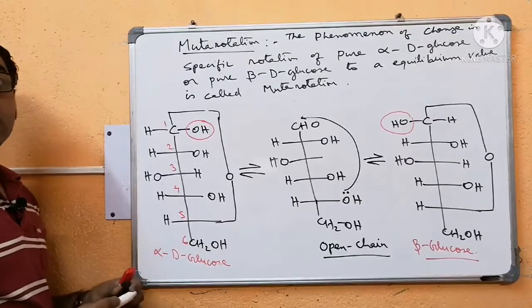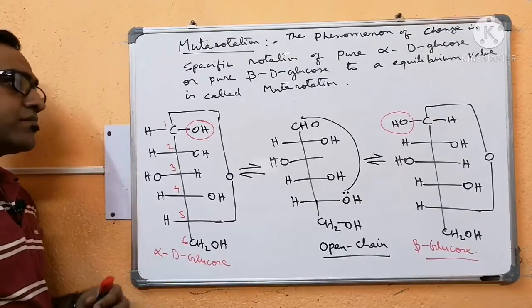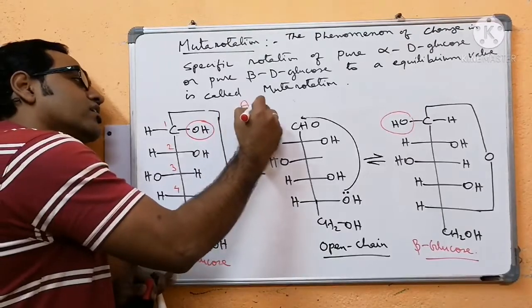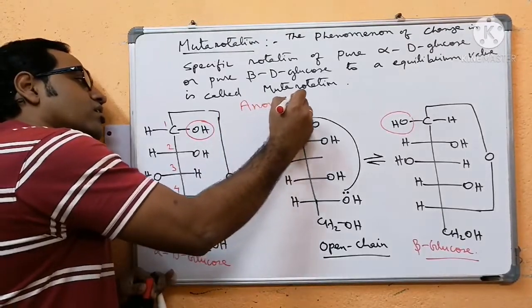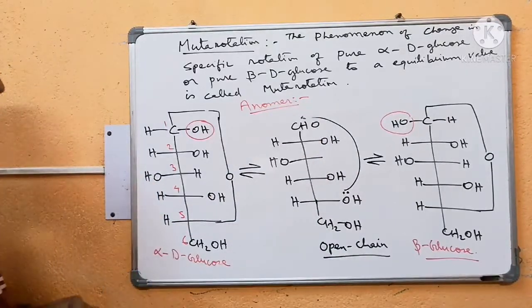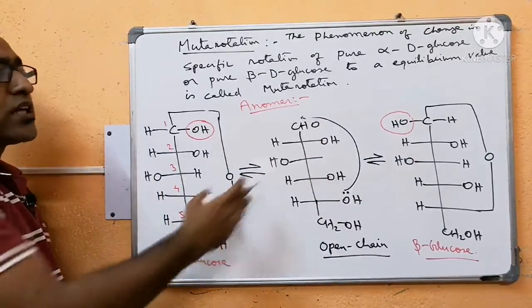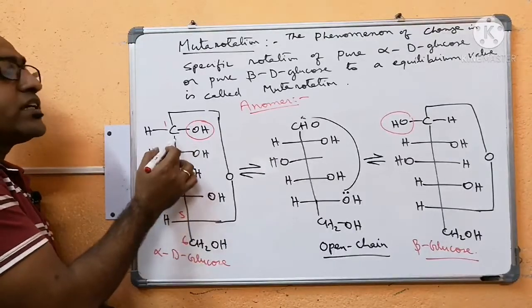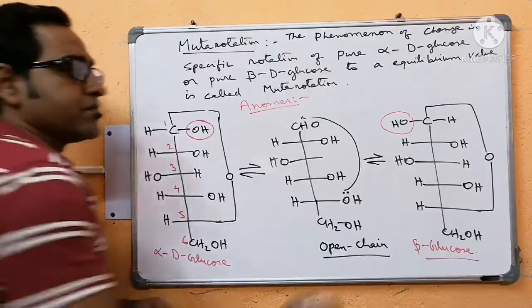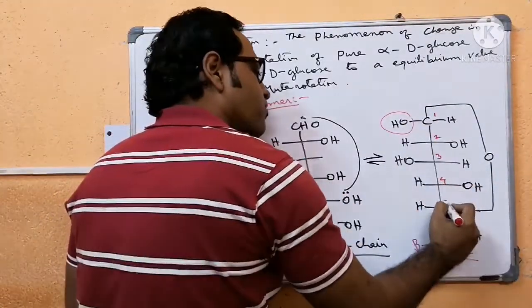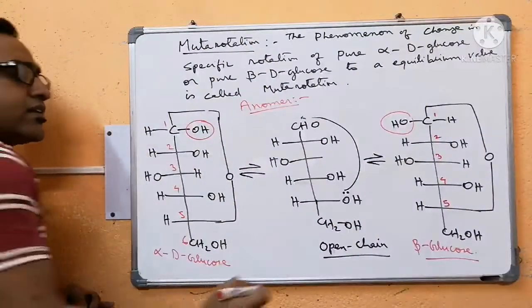Next term we will discuss anomers. Now, if you observe this alpha D glucose and beta D glucose, you will find there is change only in the C1 carbon atom.